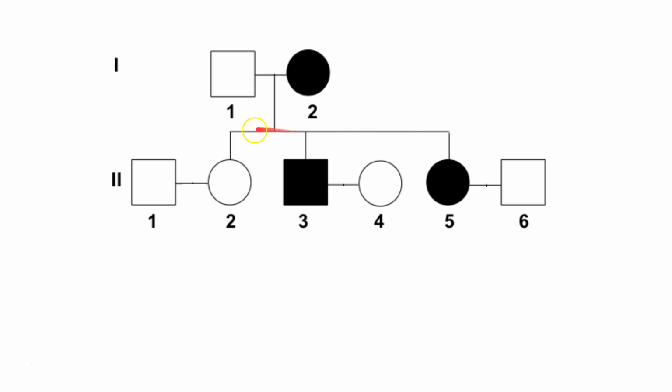This line represents a sibling line. Anyone who's connected to this line is a sibling of everyone else on this line. You can see some of this second generation have gotten married, and we'll see in a minute they did have kids.